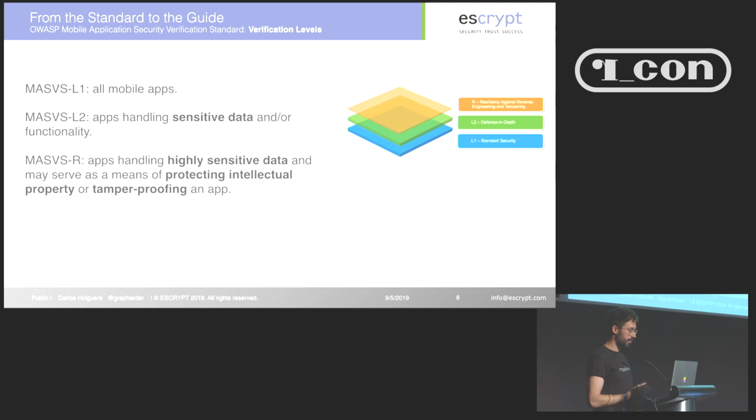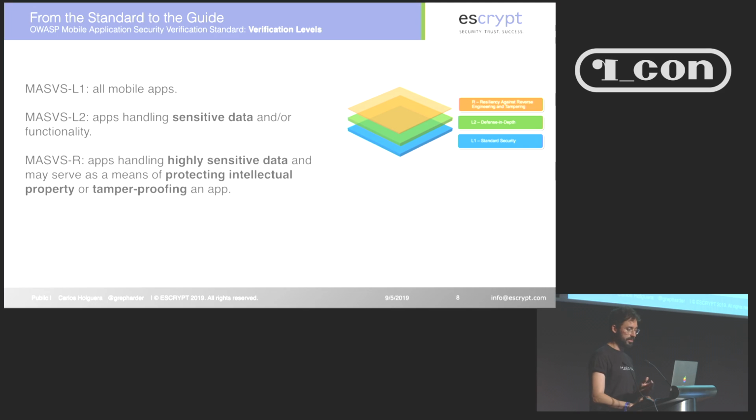Then we have level 2, and this is for apps handling sensitive data or some sensitive functionality. And then we have the R level. So this is when this data is highly sensitive, and then you have to protect it. Also, maybe you have to protect intellectual property or make it tamper-proof.